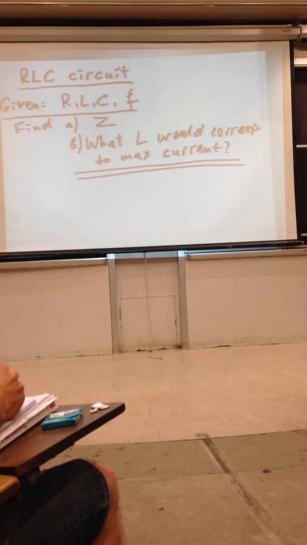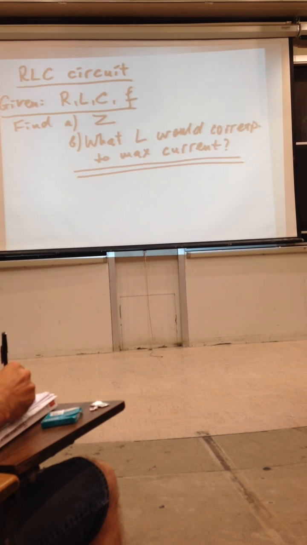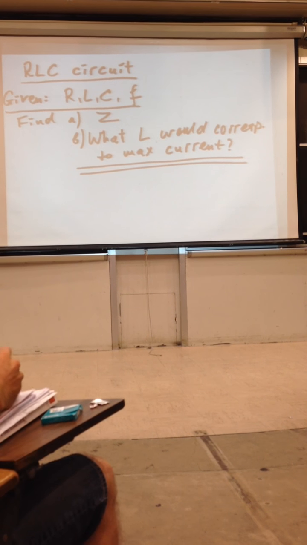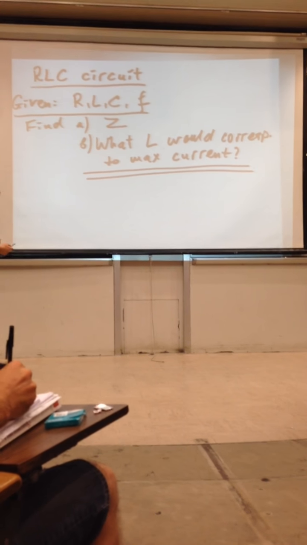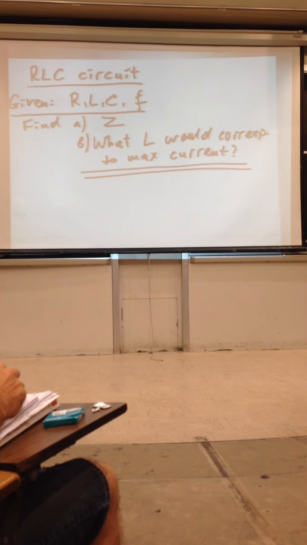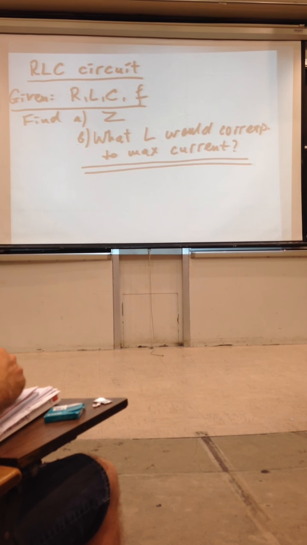You should find the impedance first of all, and then you should determine, if you are allowed to change the inductance of the inductor, what inductance you would choose to have maximum possible current.